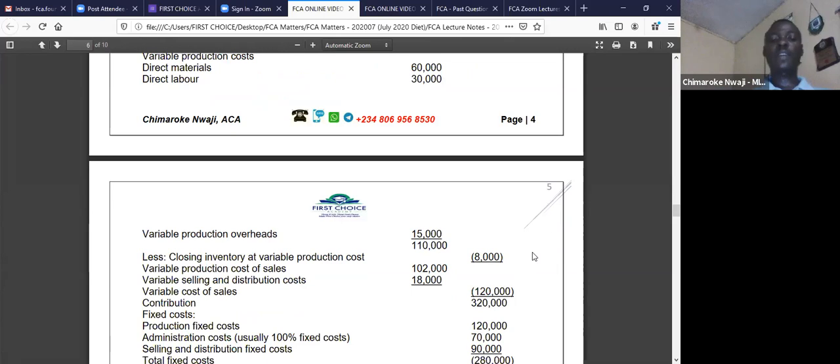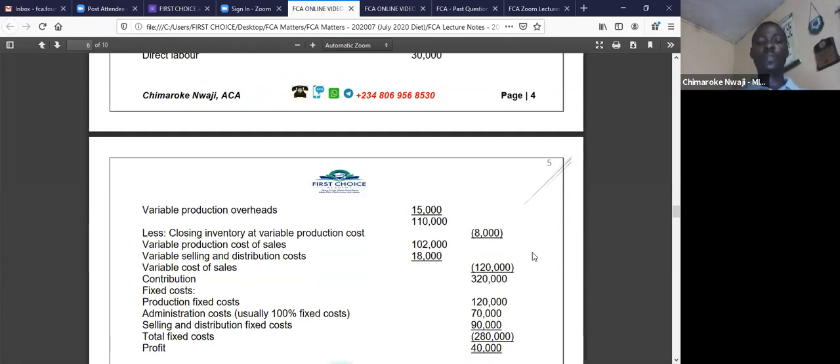Now let's bring out our fixed costs. Our fixed costs, all these items here, sorry, I don't know how they shifted from 120 down to 280, no, down to 90, are all on the first line. So production fixed cost is 120, selling and admin costs is usually 100% fixed costs.